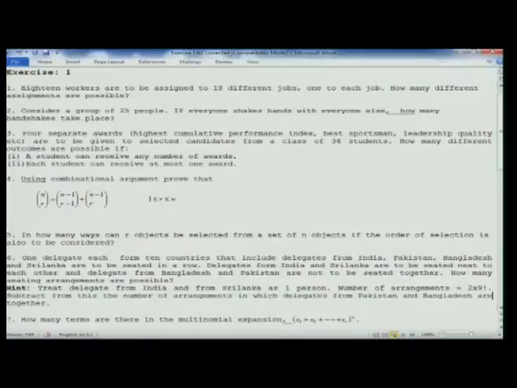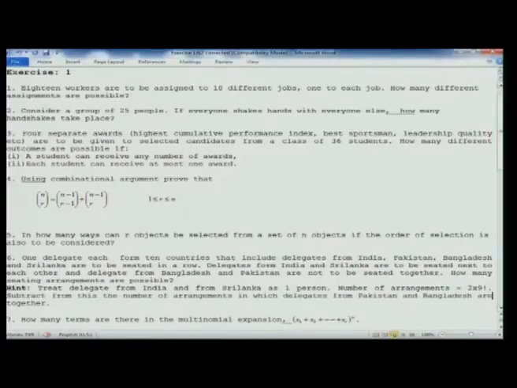How many seating arrangements are possible? So, the idea here is that you have 10 different positions. People are sitting in a row, and you want delegates from India and Sri Lanka to be seated together, which means I can treat those two as one person. In that case, it will be 9 people who have to be arranged.